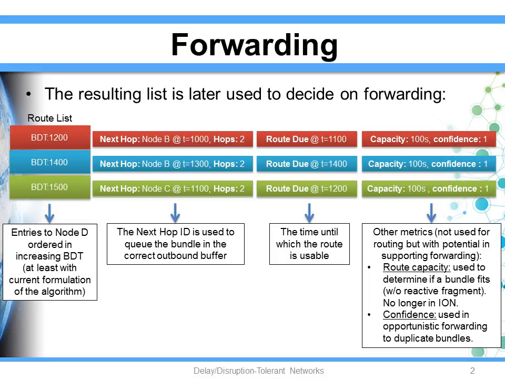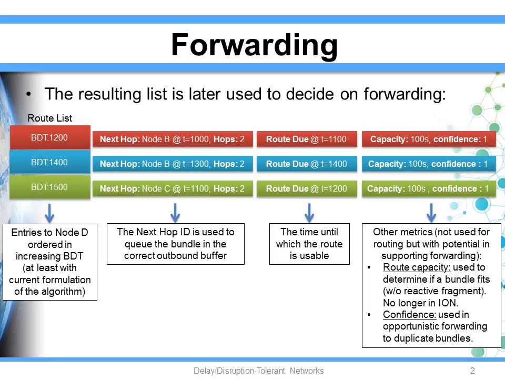One of them is, obviously, the next hop, which is the identification of the next hop node that we need to use to get to a given destination D, and the starting time that route can be used. So, for instance, in this case, time 1000 is good to use the first route in the list.